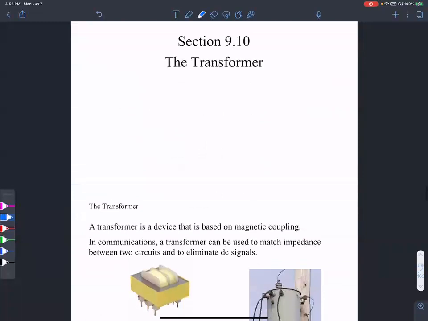Let's see the transformer. There are two kinds of transformers that we will be looking at. Page number 350, I think. Page number 910 is a linear transformer.